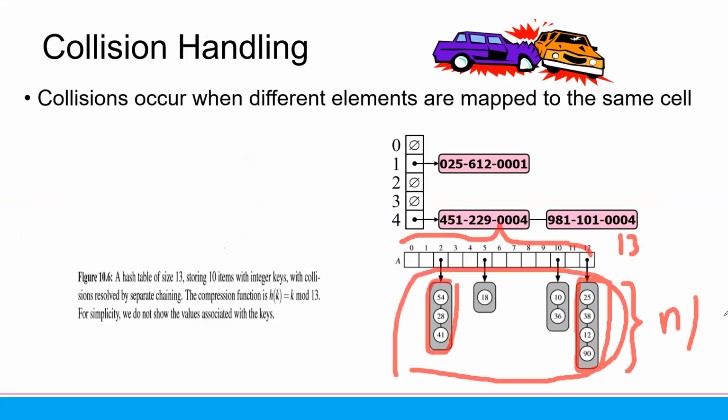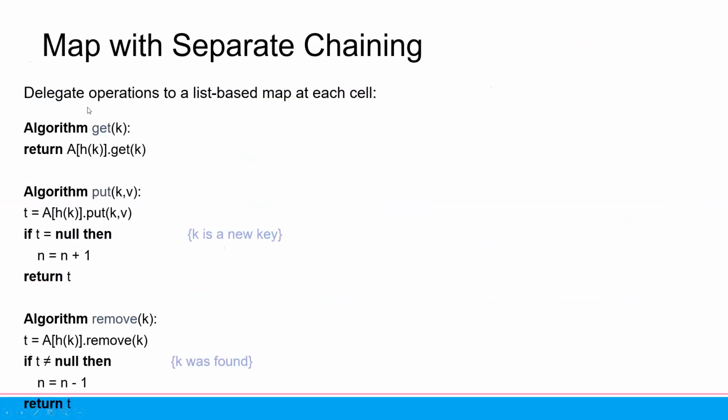Later we will consider this as n divided by the size. So this is the very basic separate chaining with the map.